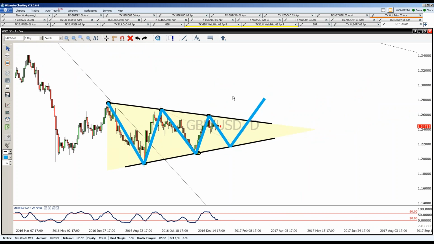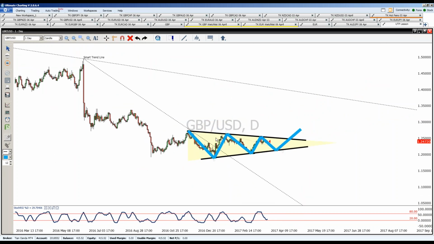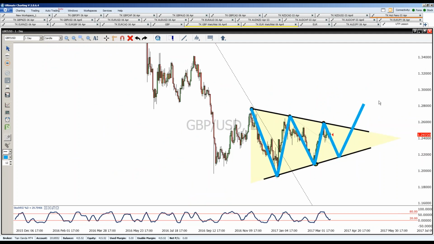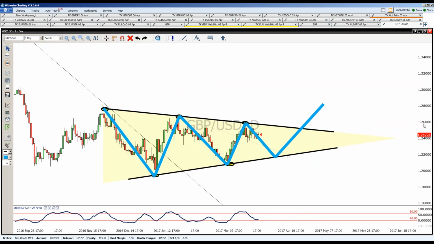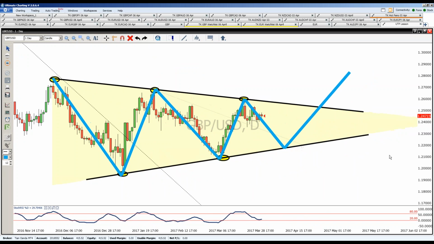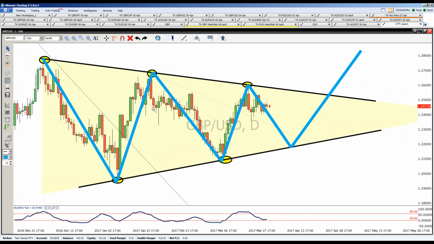The reason I say this is because the market recently broke the inner trend line and we're heading towards the outer trend line. So this is an interesting scenario that we find ourselves in on the pound US dollar. For now, I am just going to trade the pennant. So I want to sell at resistance.